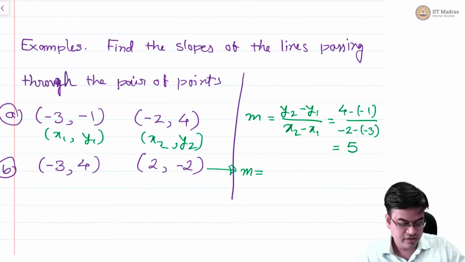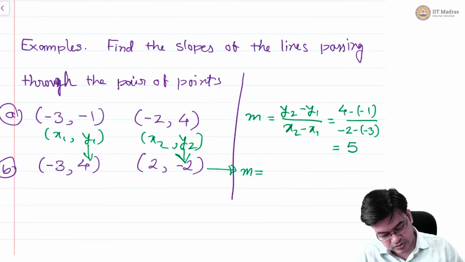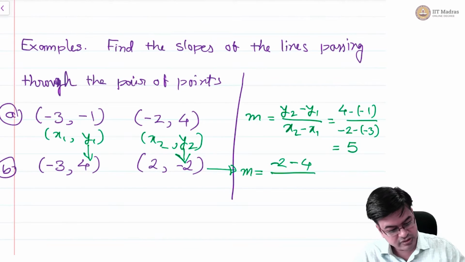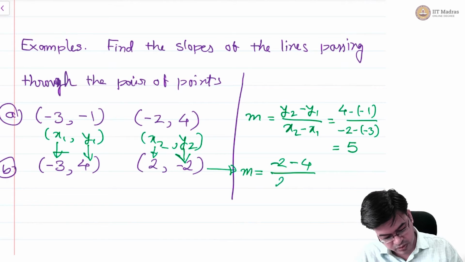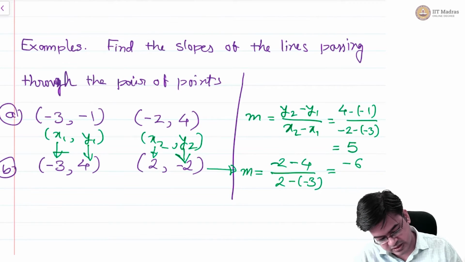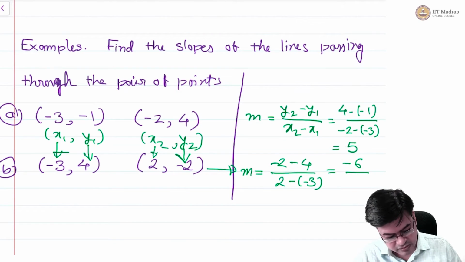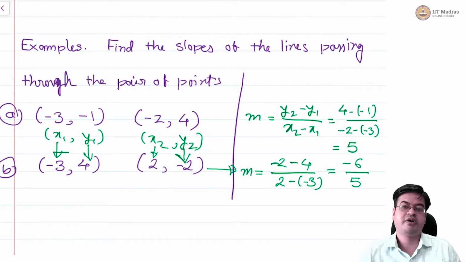Let us go to the second one and say M is again y2 minus y1 upon x2 minus x1. y2 is -2, y1 is 4. So -2 minus 4 upon x2 is 2, x1 is -3. So 2 minus minus 3, that is equal to -6 upon 2 plus 3, which is 5, -6 by 5.